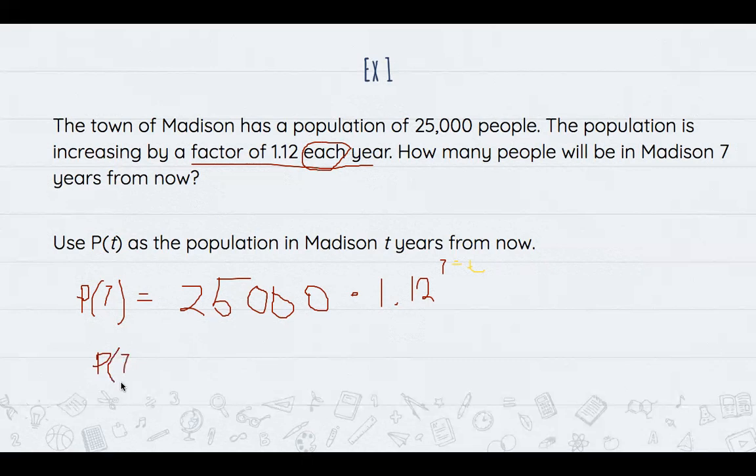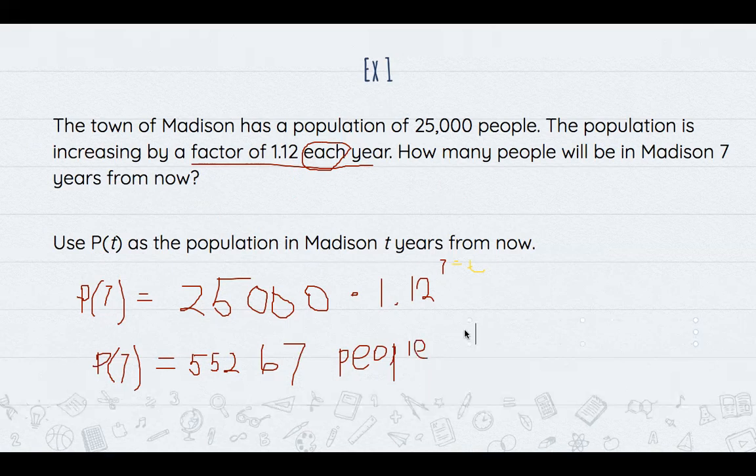So P, which is population after 7 years, would equal 55,267 people 7 years from now.